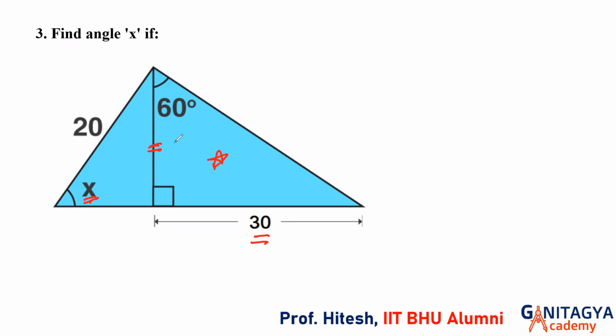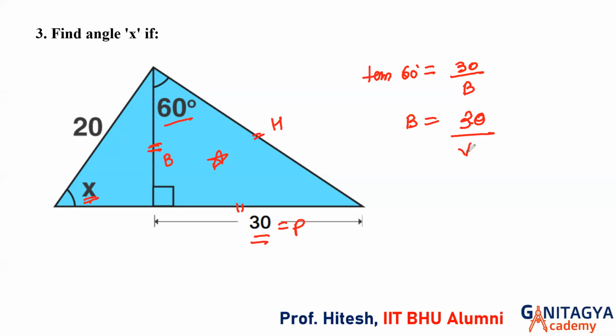Let us say this perpendicular is named B. Opposite to 60 degree is the perpendicular, opposite to 90 degree is the hypotenuse, and this is the base. In this triangle you can write tan 60 equal to perpendicular upon base. So base is 30 upon tan 60. Tan 60 we have written as root 3. So B is 30 upon root 3.